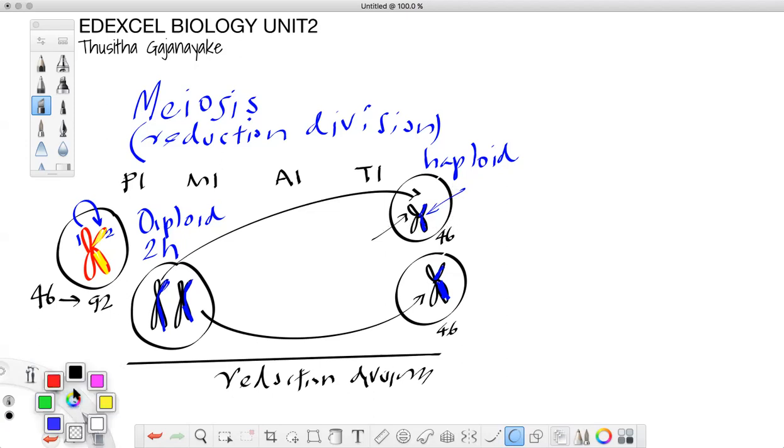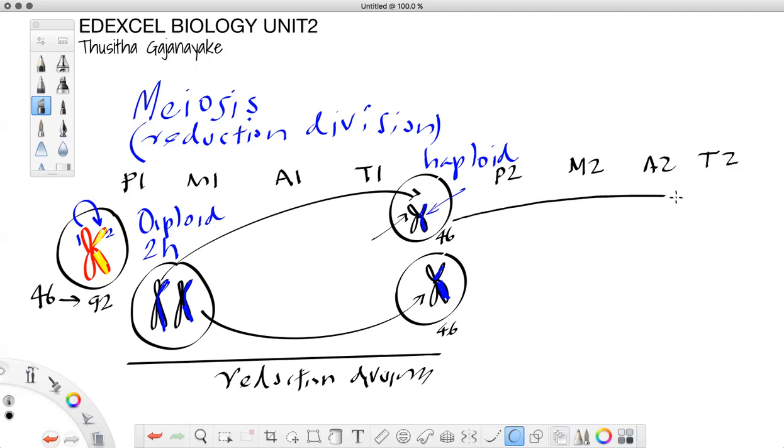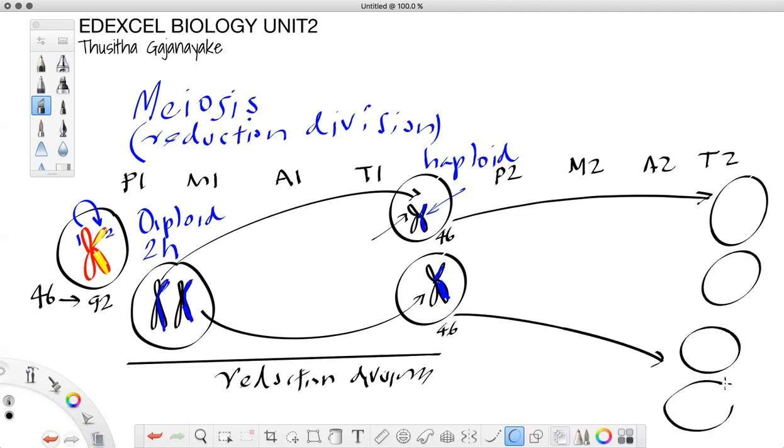Then the next stage is similar to mitosis: prophase 2, metaphase 2, anaphase 2, and telophase 2. So these cells undergo the next division, and at the end it makes two cells, and this cell also undergoes division, and again it makes two cells.